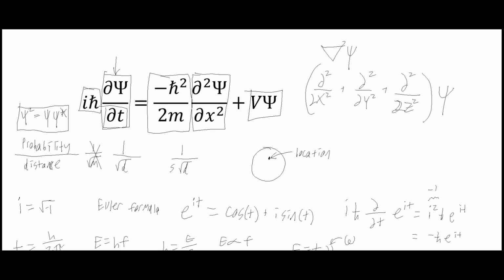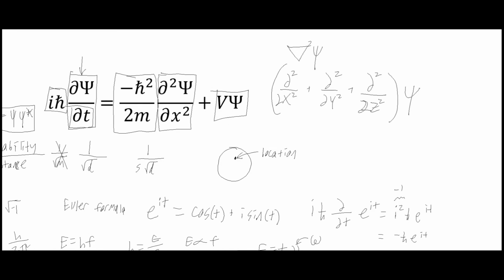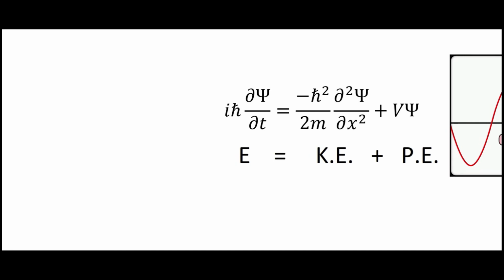And so the last thing to sort of dissect out of this is this potential here. And so we can think of the Schrodinger equation as being the same as our energy here, which is: energy is equal to kinetic energy plus potential energy. And so we can think of this right here as our energy and this as our kinetic energy.